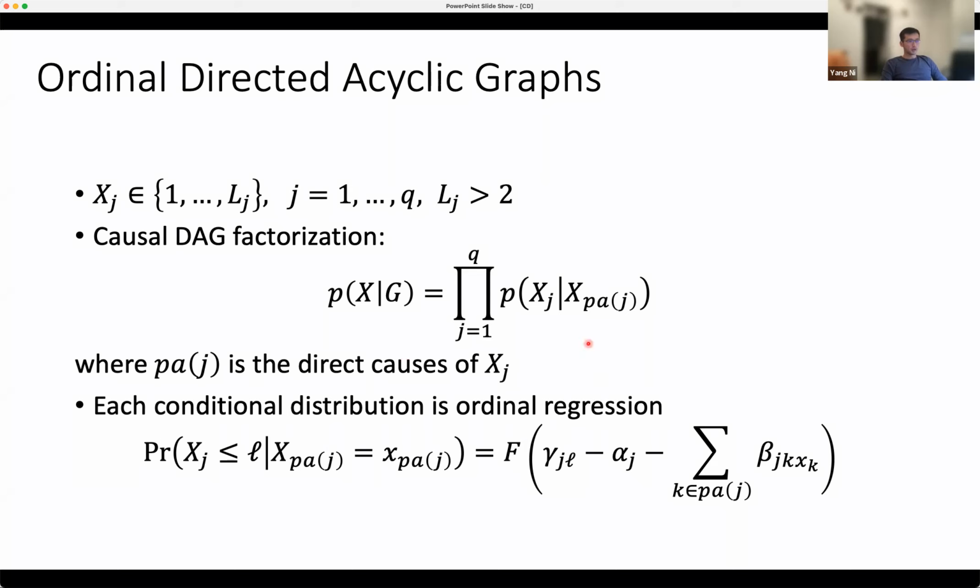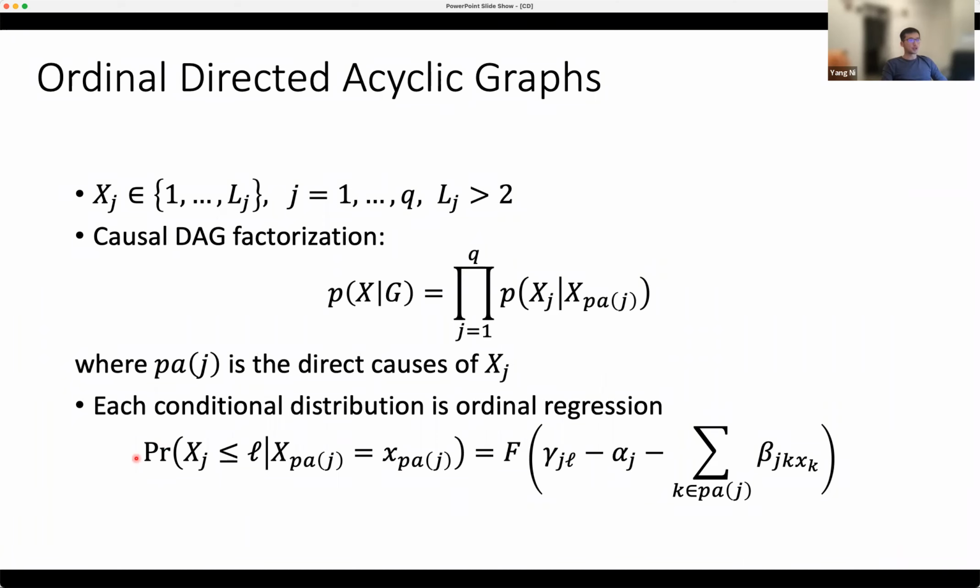With this formulation, there's only one thing left for us to decide, which is the conditional distribution on the right hand side of this equation. What is the model we're going to put on X_j given its direct causes? Well, we assume X_j is ordinal, therefore a natural choice for this conditional distribution is an ordinal regression model, or ordinal classification model.